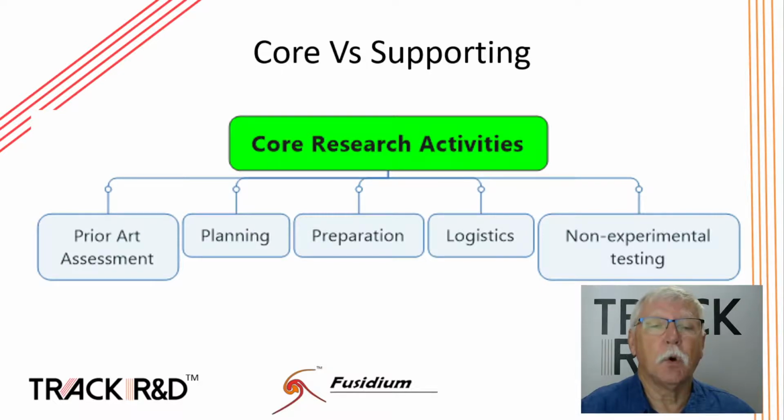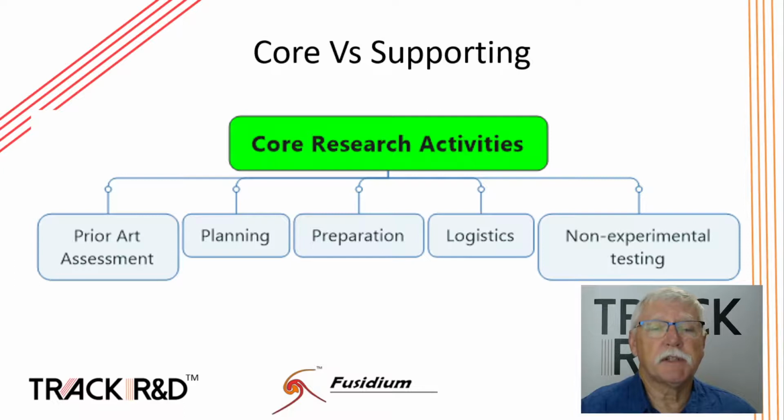Underpinning the core research activities are a range of other activities that, if directly related or for the dominant purpose of supporting the core R&D activities, may be classified as supporting. These include things such as a prior art assessment that I shall discuss in another presentation, planning, preparation, logistics, non-experimental testing, and a range of other activities that underpin the work that is essential in the core activity.